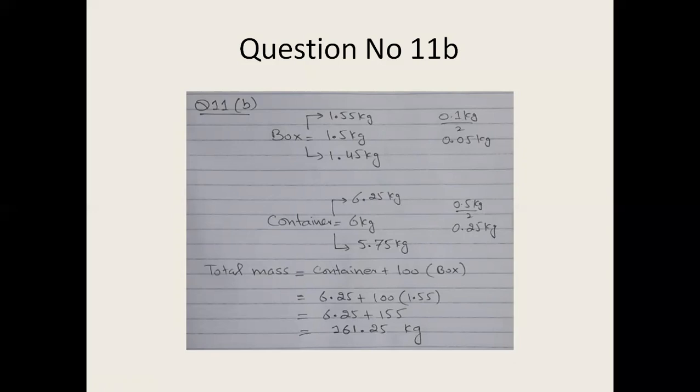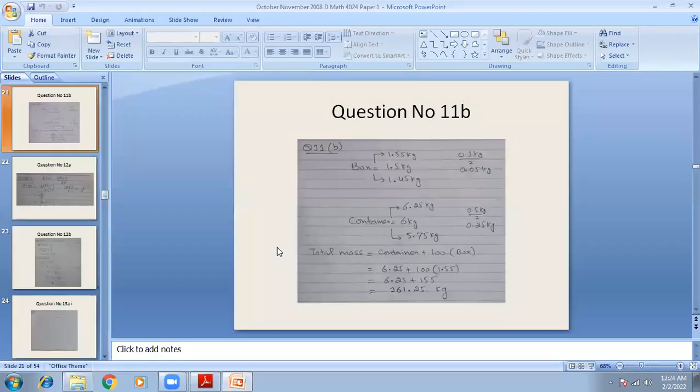So 6.25 plus 100 into 1.55. So you get 6.25 plus 155, and that will be 161.25 kg. That will be the total mass. Hopefully you understand. So that was question number 11 in its B part.